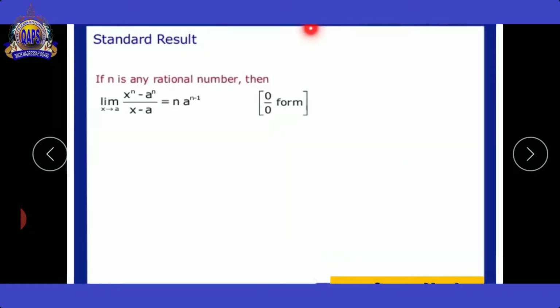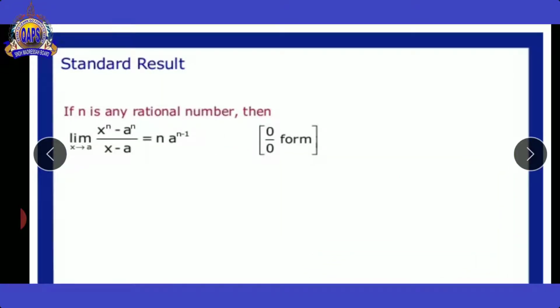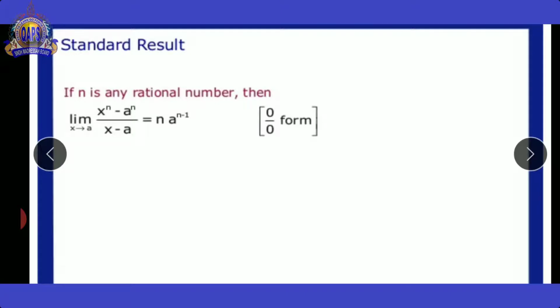Now in this question, in the standard result, if n is an irrational number, then limit x approaches a, x power n minus a power n upon x minus a is equal to n a power n minus 1. This example is already solved in your textbook. So this is homework for you.